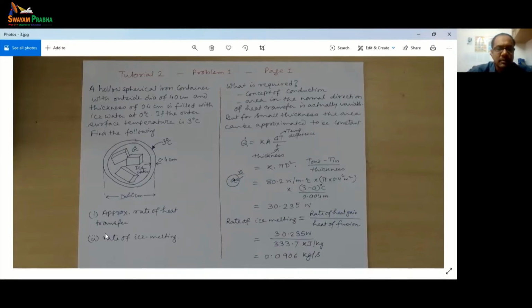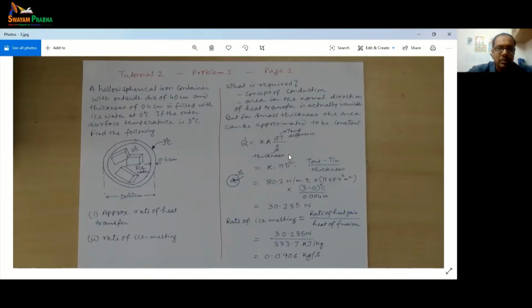The next part you have to find out is the rate of ice melting. Whenever the heat is gained, the ice inside the container will be melted, right? And the question wants to know what would be the rate of that melting.